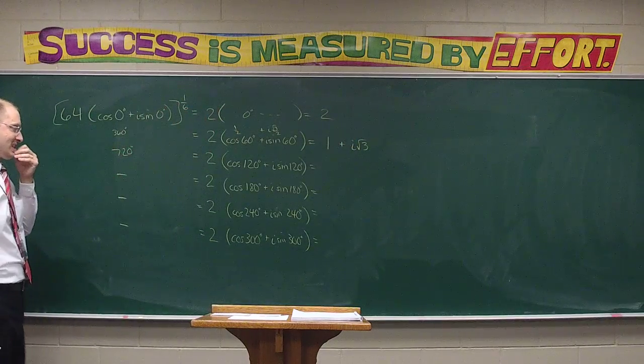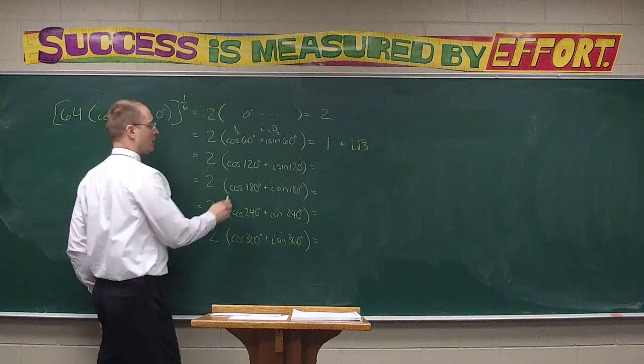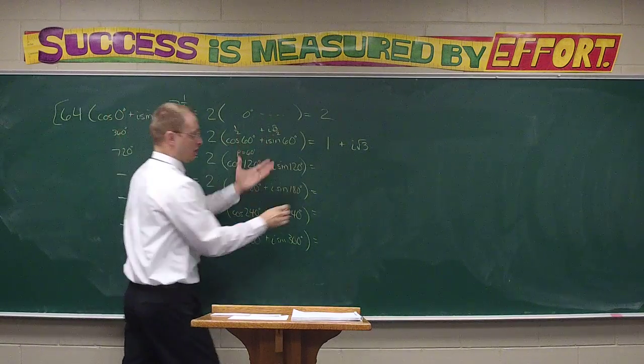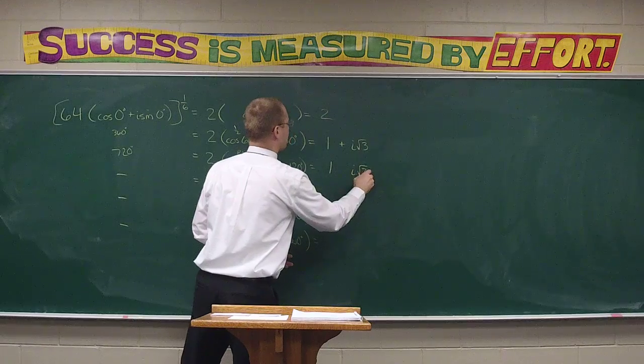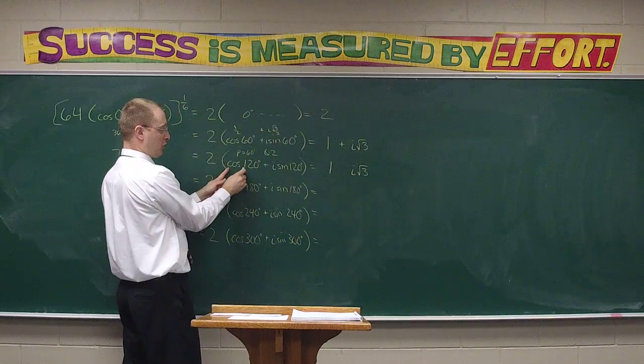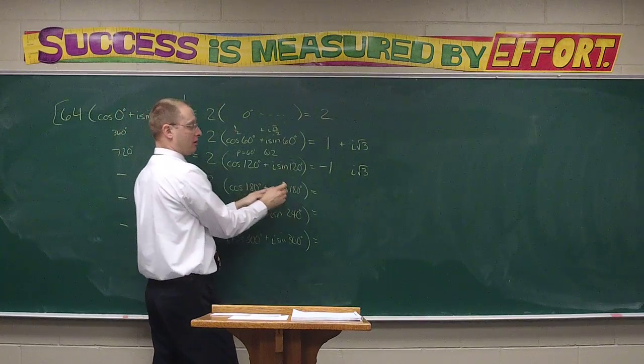Then the next one also has the reference angle of 60, so it'll be similar. It's going to be the same numbers, 1 and i root 3, but it's in quadrant 2, so the cosine, being the first part, needs to be negative, and the sine, being the second part, positive.